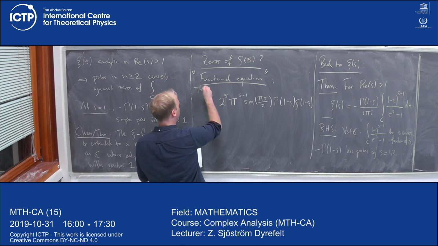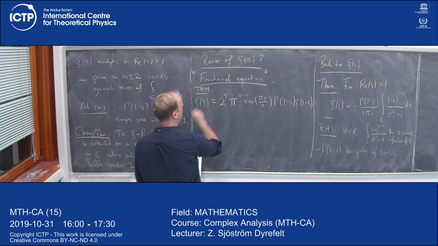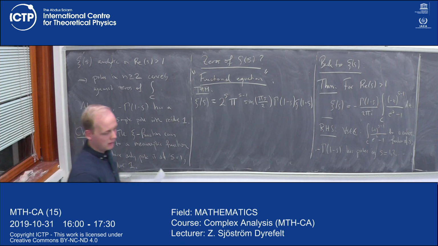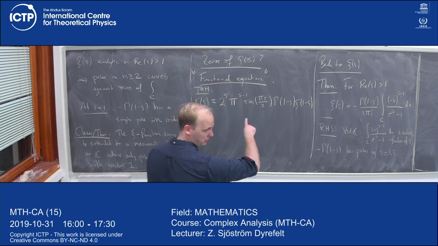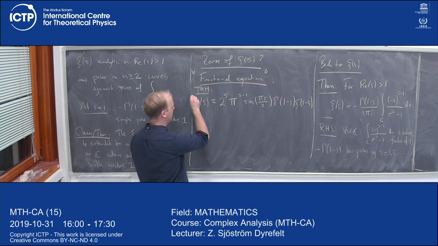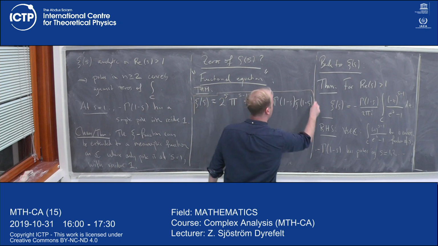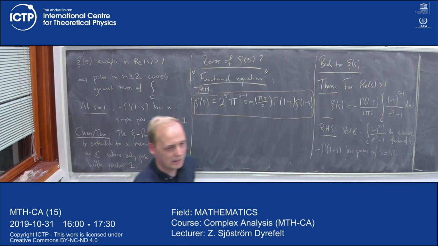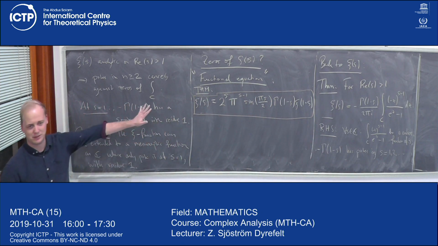Theorem: zeta of s is equal to this. So you have some equation where you have the zeta function on both sides, by the way, but here it's of s and here it's of 1 minus s. So okay, why not? Someone fought very hard, possibly many years, his whole life, came up with this.